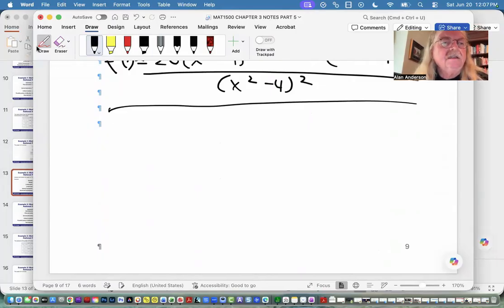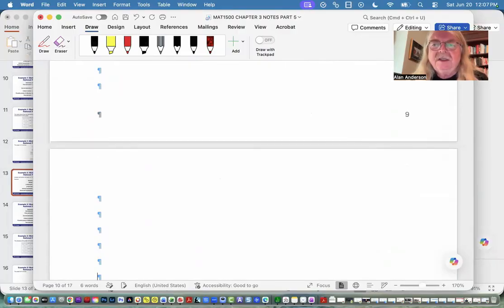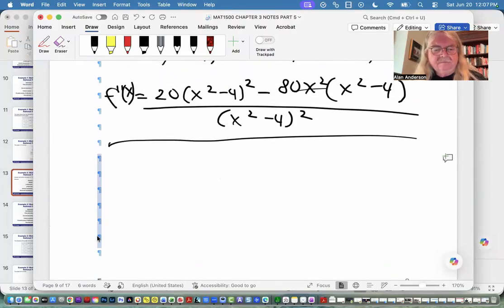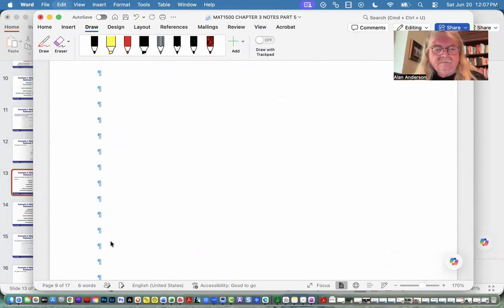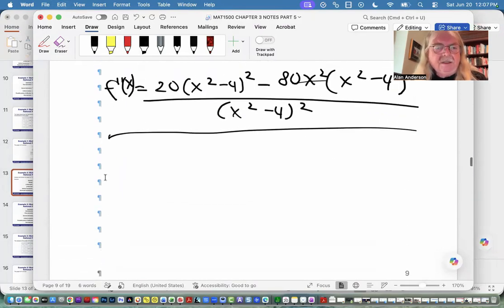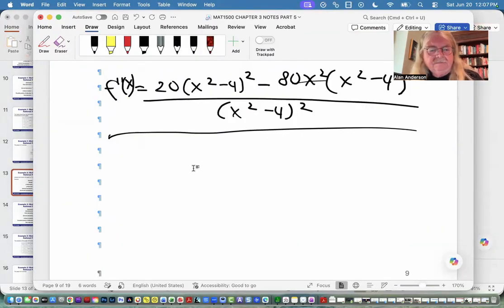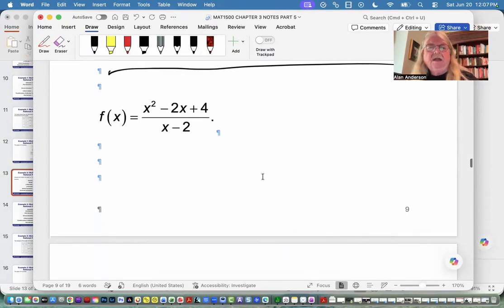And of course, as usual, we'll check Symbolab and see what it looks like. All right, here we go. All right, so let's go to Symbolab.